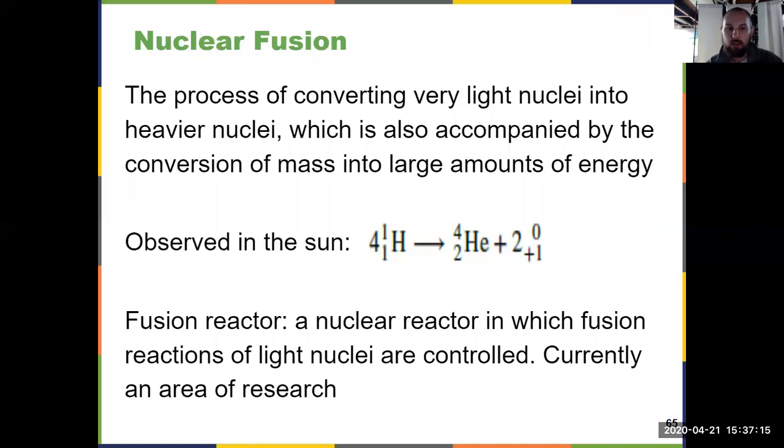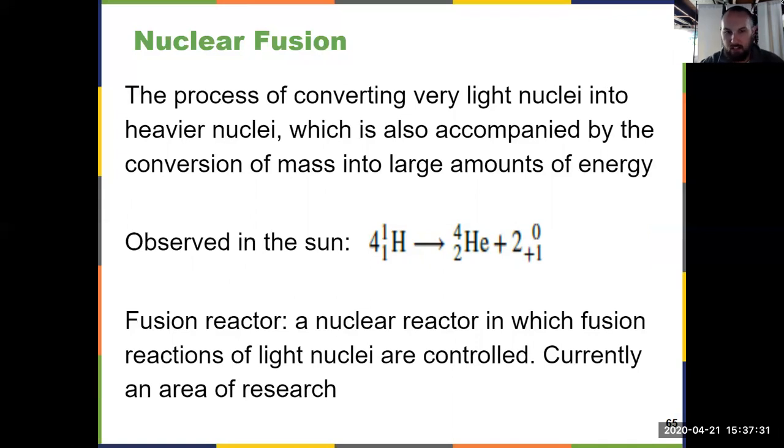Now, fusion reactors are possible in theory, right? A fusion reactor would be a nuclear reactor in which fusion reactions are controlled. And that would give you even more energy than fission.